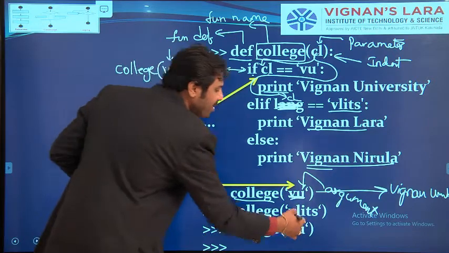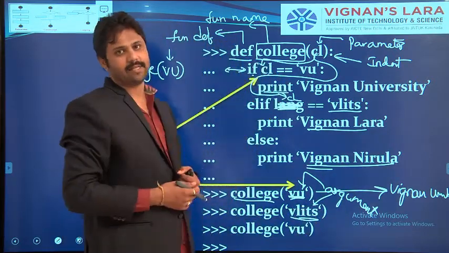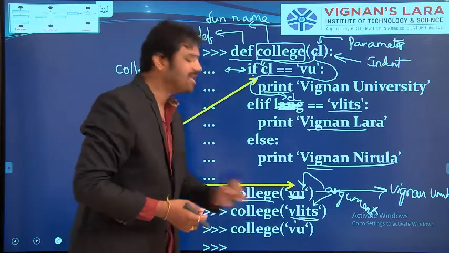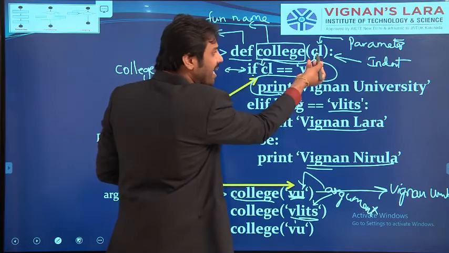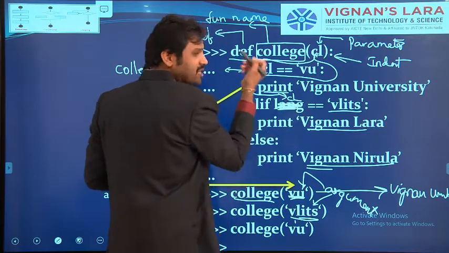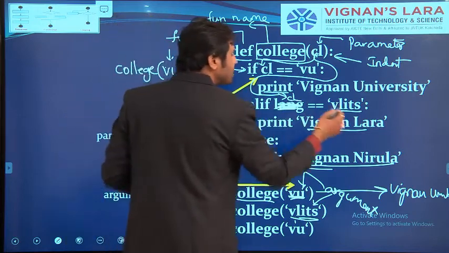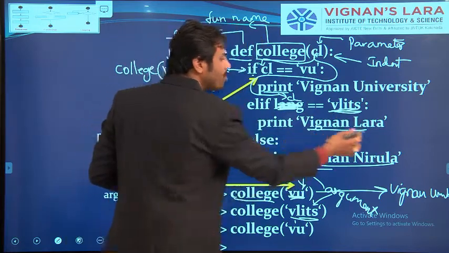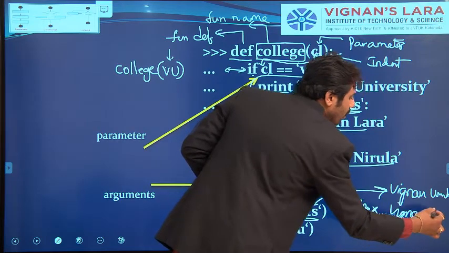Next, college. I passed the argument as VLITS now. CL is VLITS. First it checks CL equals to VU. No, it is false. Your CL is VLITS. Now it's going to print Vignan Lara.